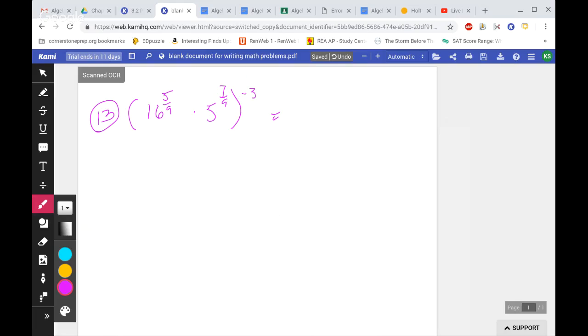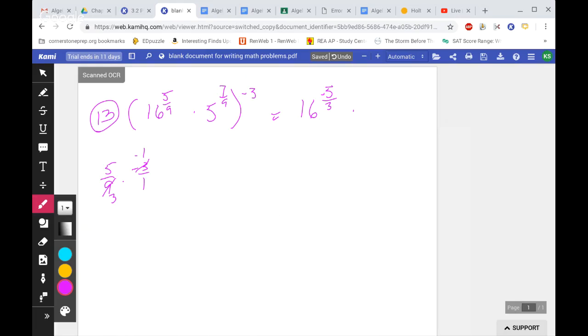So I'm going to do a little side work here so y'all can see this. I'm multiplying 5/9 times -3 over 1. So that becomes -5/3 actually. Sorry about that. So I've got 16 raised to the negative 5/3.